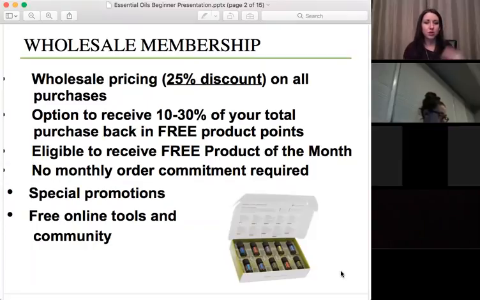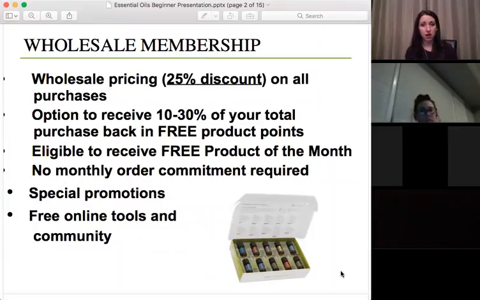Okay, so now that we talked about what oils are, the different oils, and how they support different areas, touching on the wholesale membership, I think all of you ladies on the call have a wholesale membership or have been upgraded to a wellness advocate. But just to point out how awesome it is, the wholesale membership means that you're getting a 25% discount on anything that you purchase for an entire year.